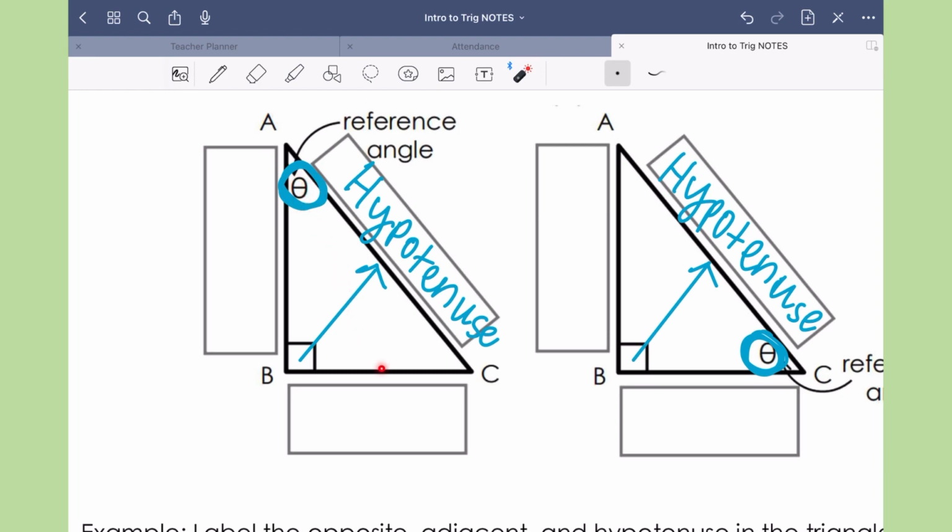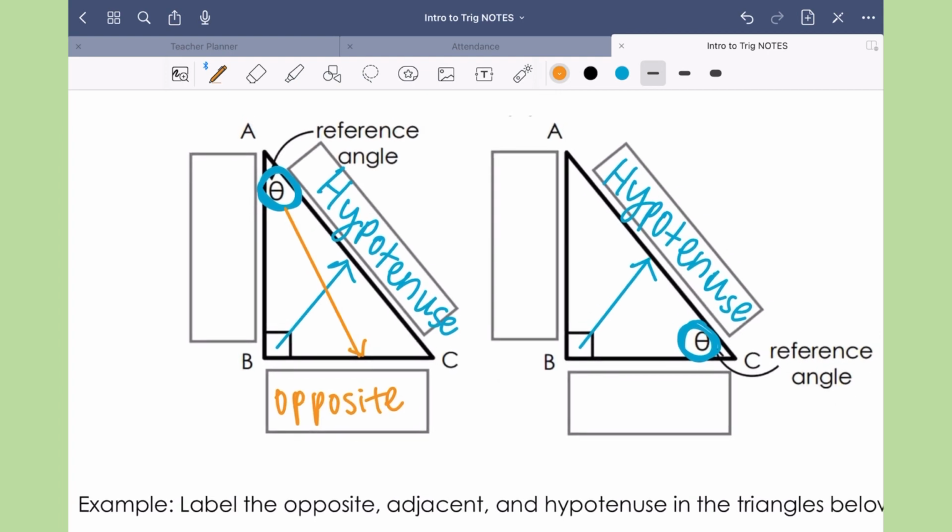Go across. Across. That is your opposite side from your reference angle. Now let's do this one. Here's our reference angle. Let's go across. That is your opposite side. Opposite.